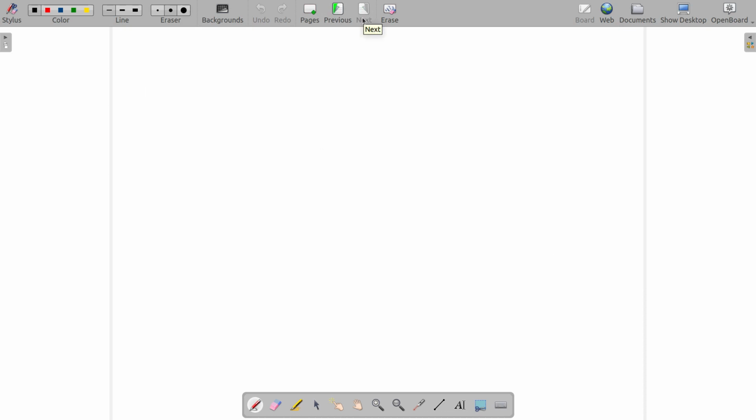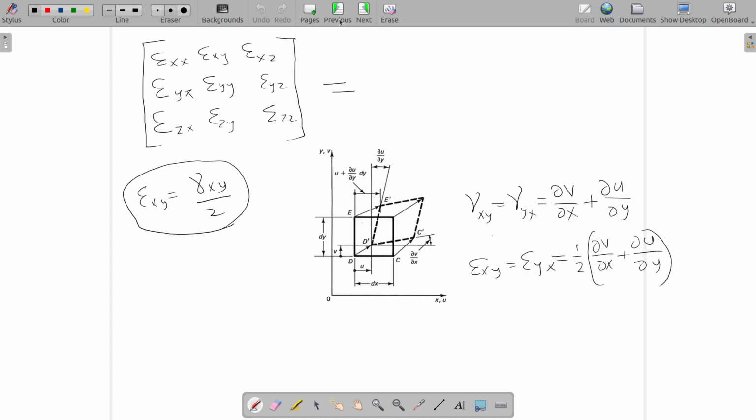Like I told, the Mohr circle for strain will be very similar to Mohr circle for stress. So the only thing you need to remember is the relationship. The linear strains are the same. You don't need to write x twice.